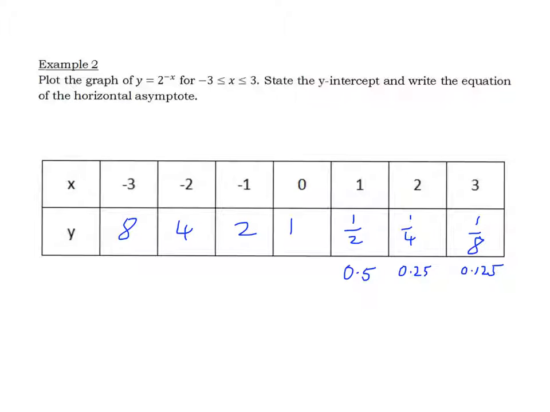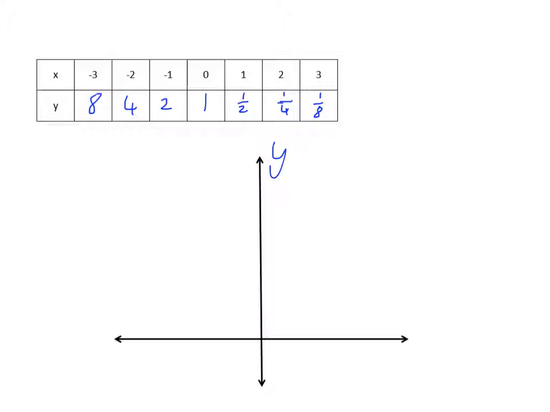And now we're ready to plot the graph. So draw up your axes. Of course you'll use a ruler to measure these properly. And now you're ready to plot your points.